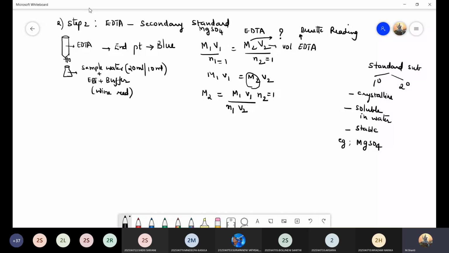Anyhow, N2 equals 1 and N1 is also equal to 1, so you're left with M1 V1 by V2. This is the formula to calculate the molarity of standardized EDTA. M2 is nothing but the molarity of the EDTA solution, which we don't know, so we calculate it by using the standard solution whose concentration is known to you. Okay, understood?